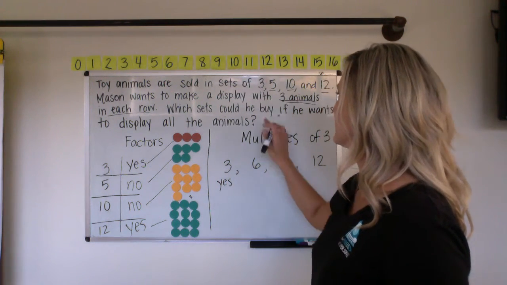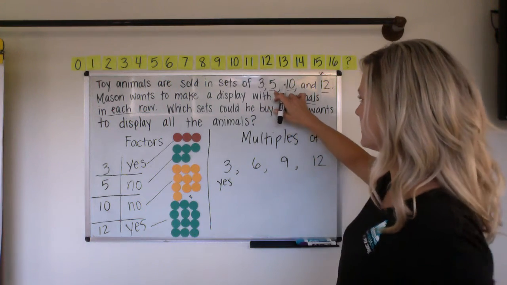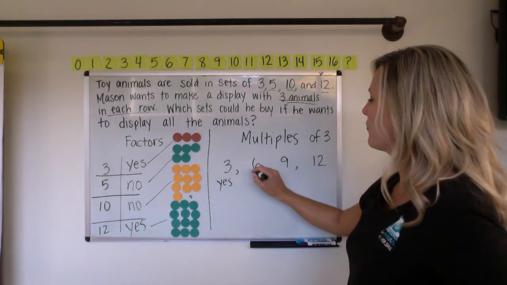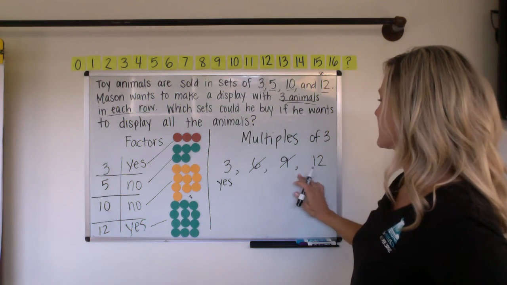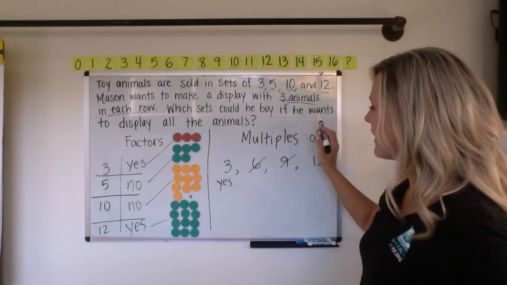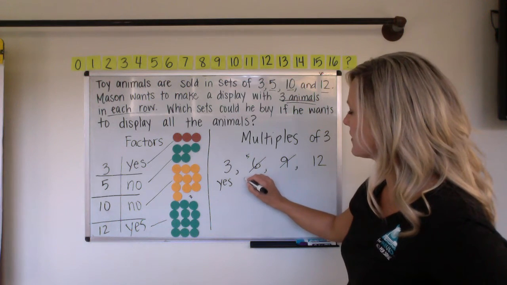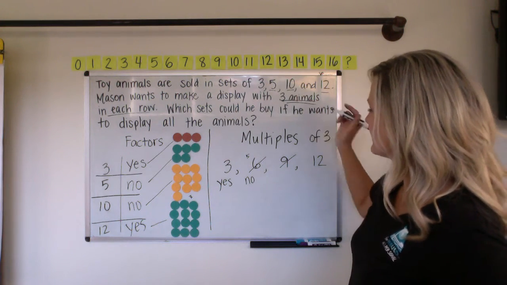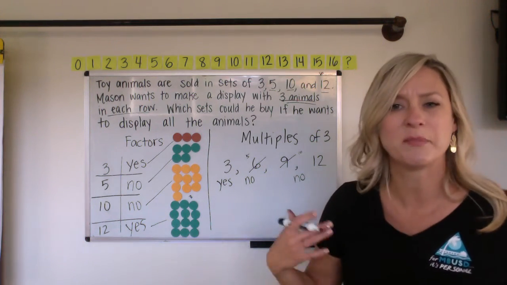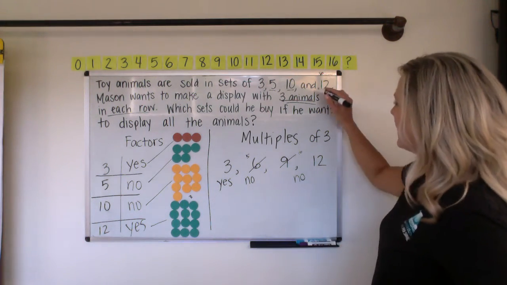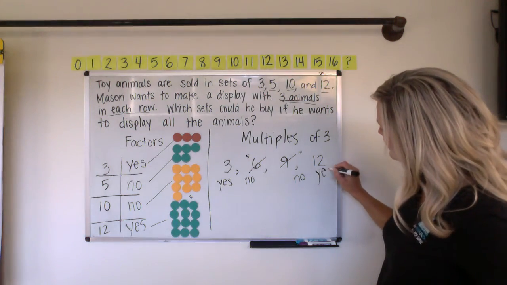That's a yes. 6 is on our list, but we skipped 5, so 5 is a no. And 10 would have gone here, and so that's a no. It didn't show up on our list when we were counting. And then 12 did. So that's a yes.